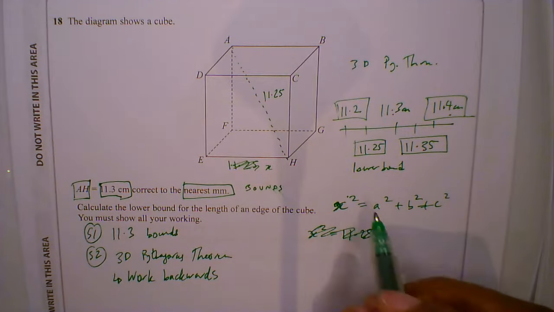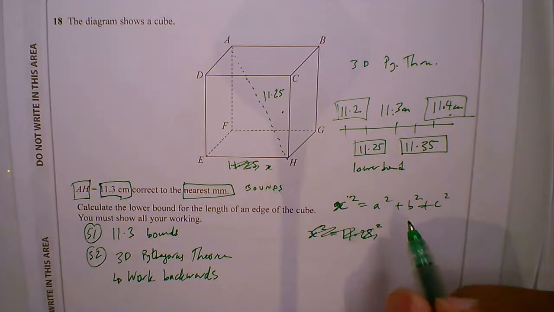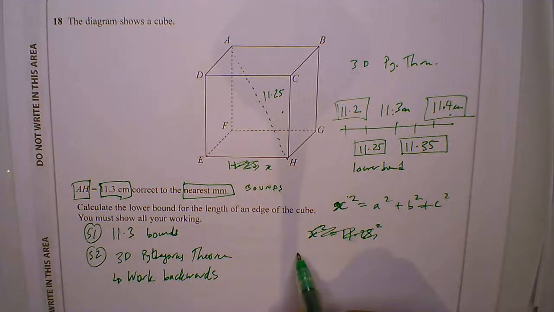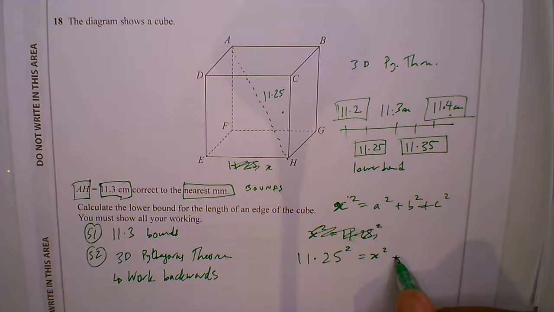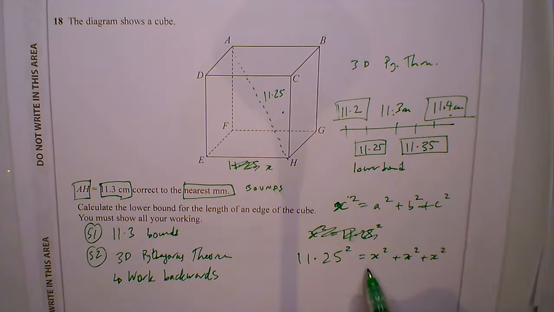So 11.25 squared equals my unknowns, x squared plus x squared plus x squared. So this is 3 lots of x squared, so 11.25 squared equals 3x squared.